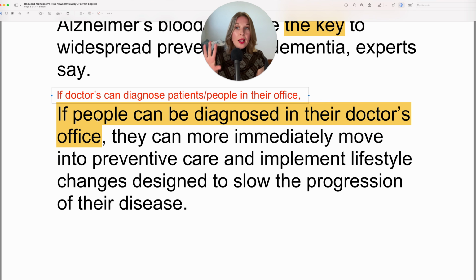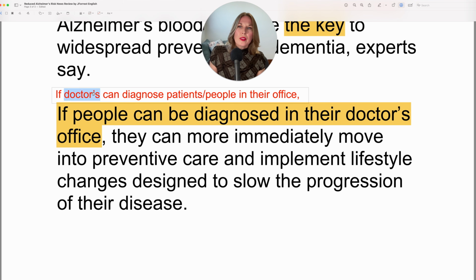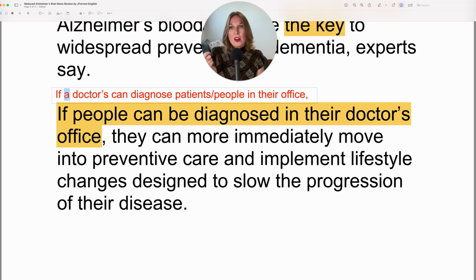So everything I highlighted, you can change it to the active form and say, if doctors... this apostrophe is in the wrong place because right now this is one doctor. Now, if that's true, then I need an article because a singular noun like doctor would require an article.